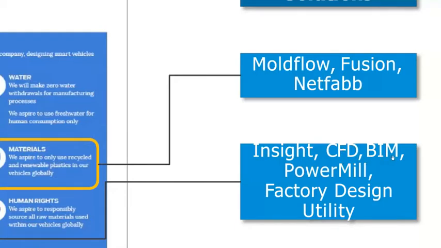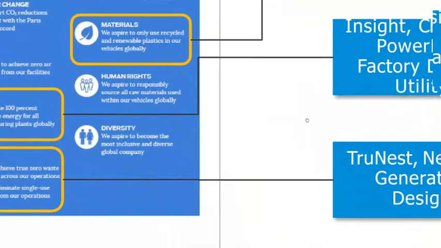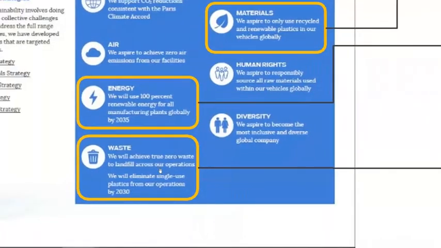We have the building information modeling, or BIM, process. We have the PowerMill factory design utility. Those are software for a smooth simulation of the process or workflow inside manufacturing companies. And the last one, waste: we will achieve true zero waste to landfill across our operations.